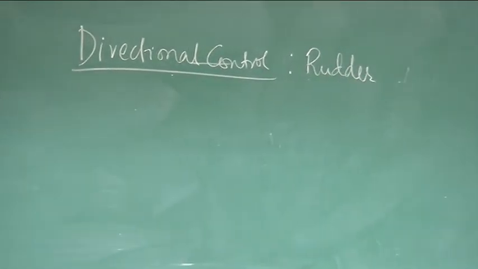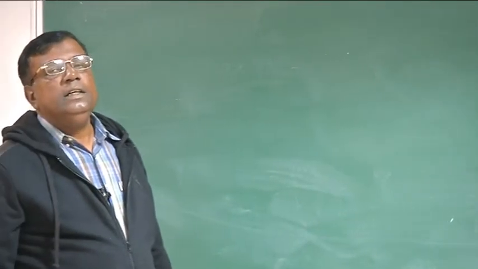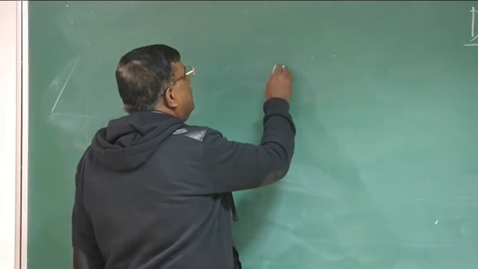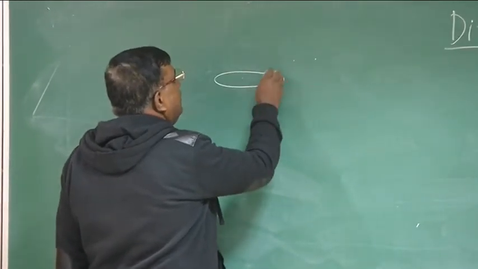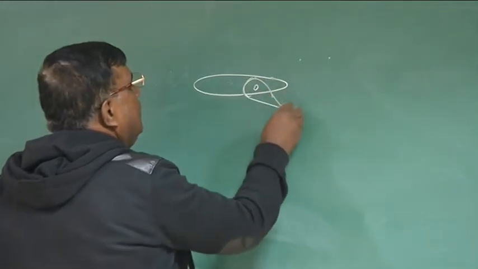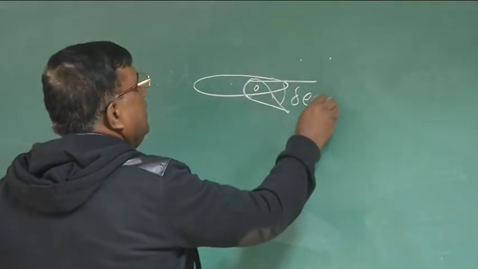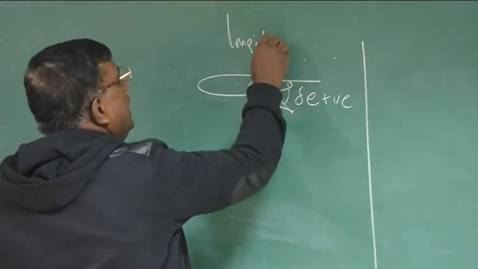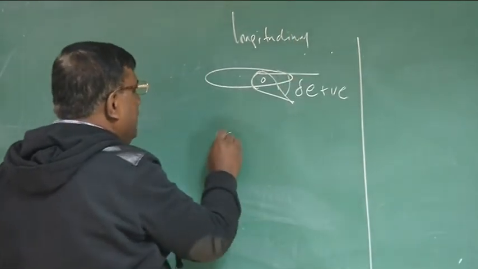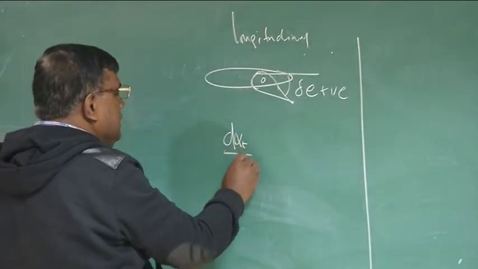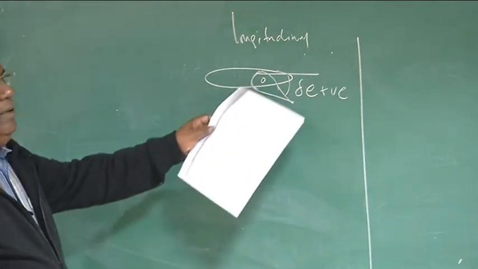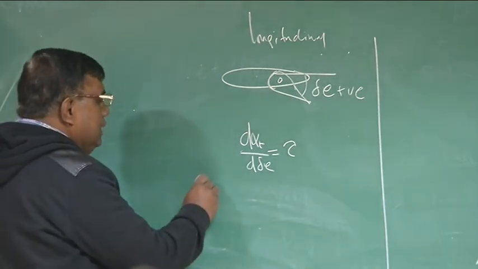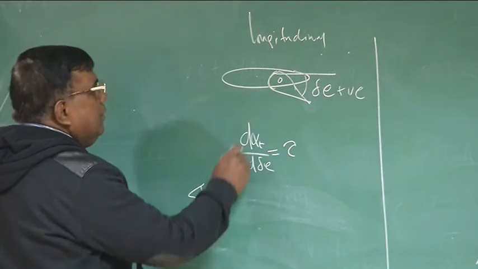What was the primary control surface for longitudinal control? It was elevator. And how did we find out the control power? Remember what was the basis? If this is the horizontal tail, this is the elevator. First, we will define what is delta E positive. This is longitudinal, right? The understanding was, let us find out how much alpha of the tail is changed because of elevator deflection, which we denoted by tau, and then we see how much delta L will come because of this deflection.